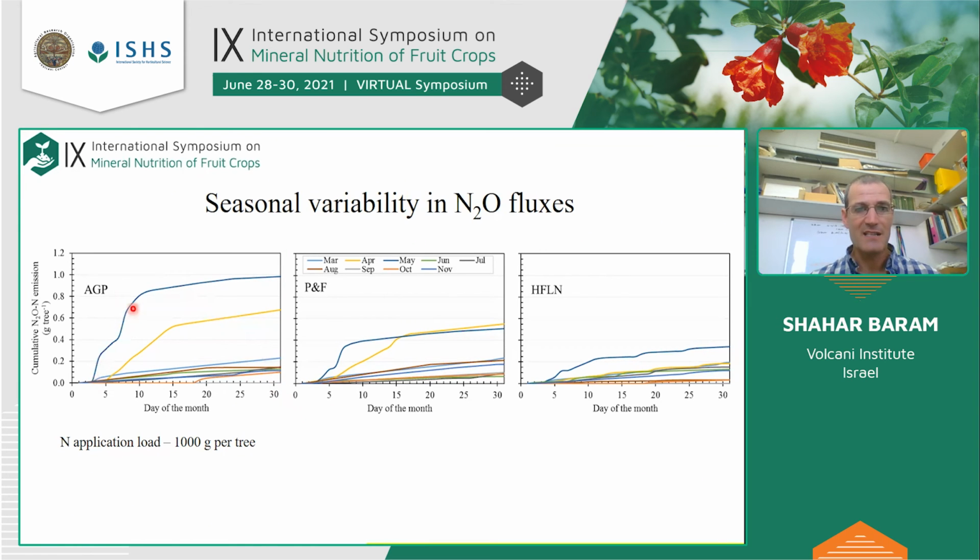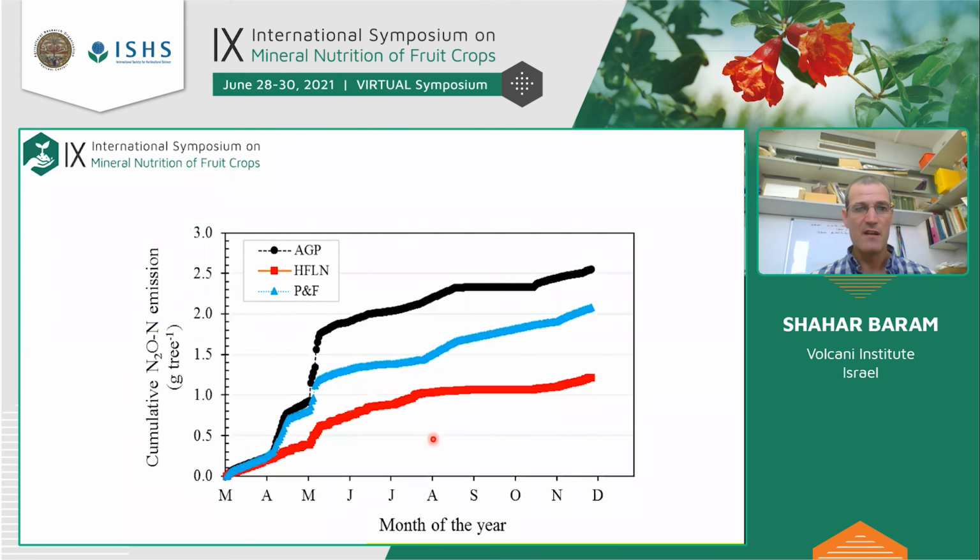The highest emissions were around March, when the first fertilizer application was, going through April, May and June. At the beginning of the season, when the trees are still not very active and the soil is still a little colder than it would be later on, the fluxes are still the highest. And it diminishes throughout the season.